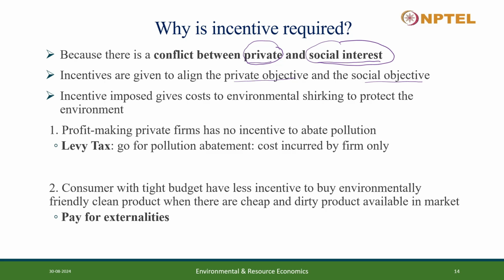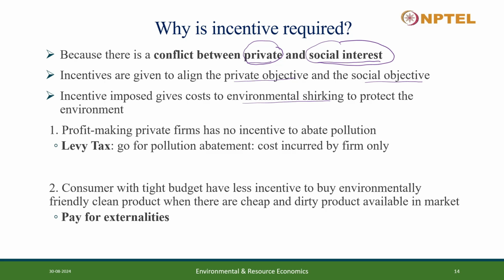So as to align these two objectives, we are imposing certain incentive schemes. So incentives impose a cost on environmental shirking or environmental degradation. Let's say that there is a steel producing firm. When the firm does not have to give tax to the government, then they will produce the maximum amount of steel, right?